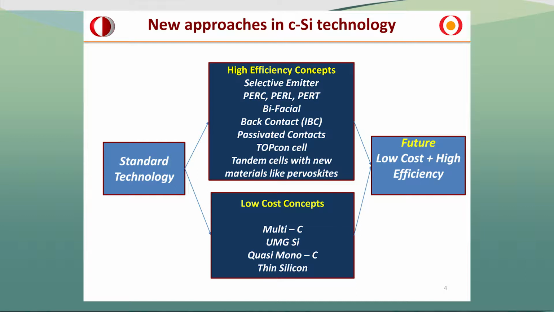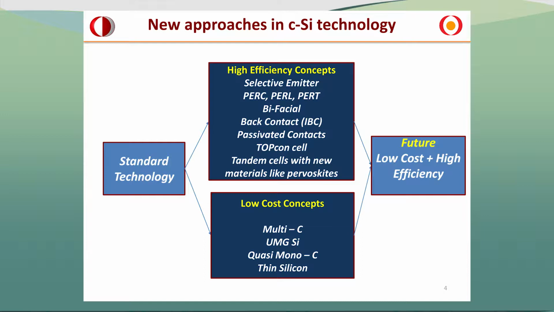We also have some low-cost approaches in which multicrystalline silicon solar cells are used. UMG type, which is unpurified silicon, can be applied, and also some new growth techniques like quasi-mono multicrystalline cells.